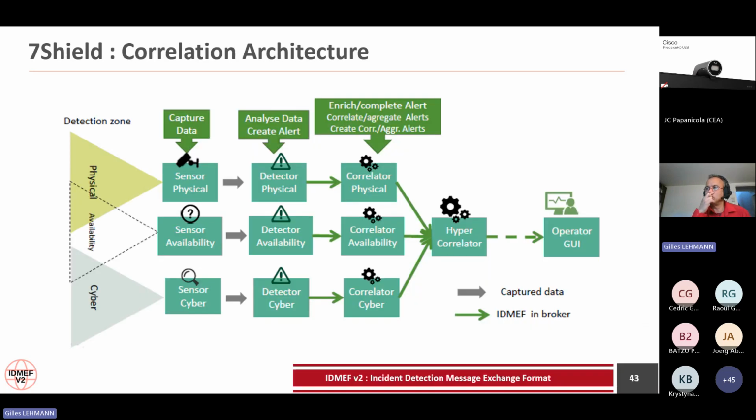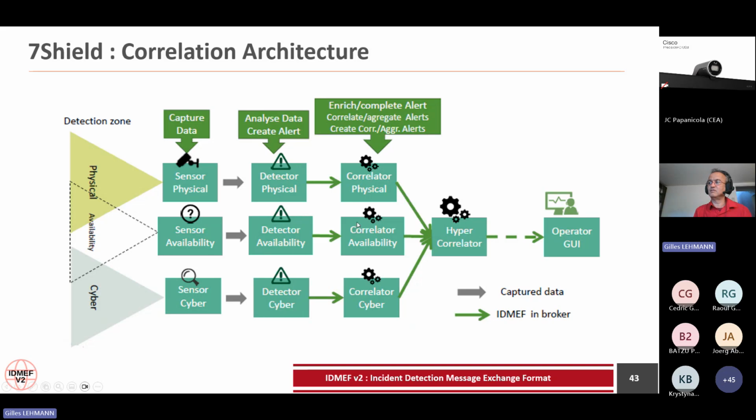That's the correlation architecture. That was what we decided at the time on Seven Shield, because IDMEFv2 was just appearing. But in theory, the correlation could be earlier.